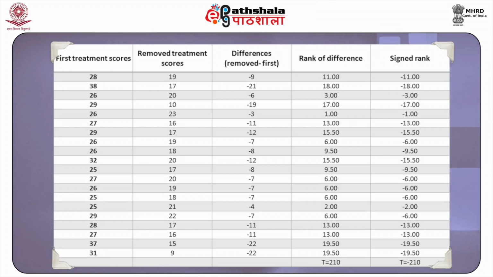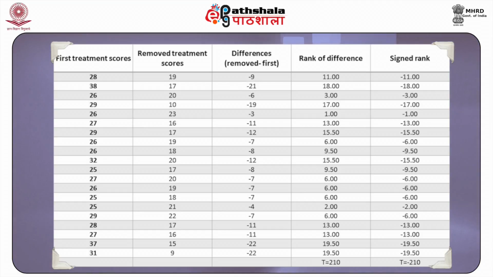Table B gives the Wilcoxon sign rank test, first treatment scores compared to removed treatment scores, and of course we see the different columns: the first treatment score, removed treatment score, and the difference that the two scores have.